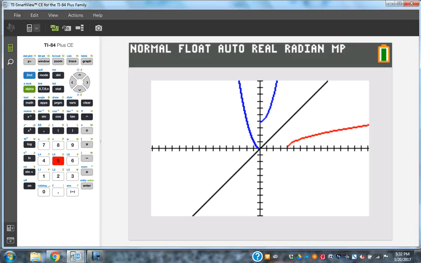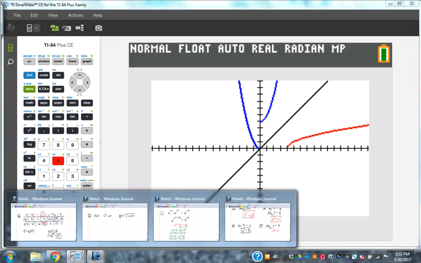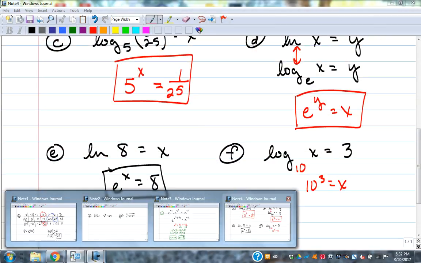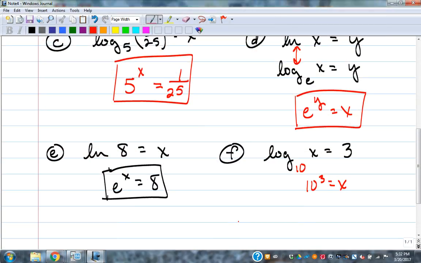Base 2 number system, that's binary. If you think about electronics and computers, that's ones and zeros, so two things. Hexadecimal is used in some computers and coding. But we normally work in a base 10 number system, so that's why log with nothing written there is log base 10. That's where we live.